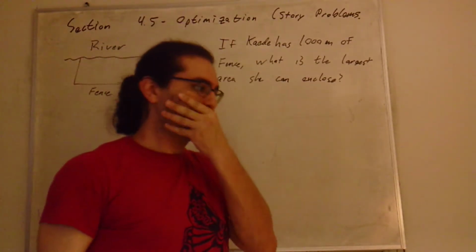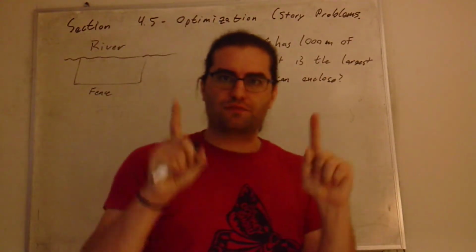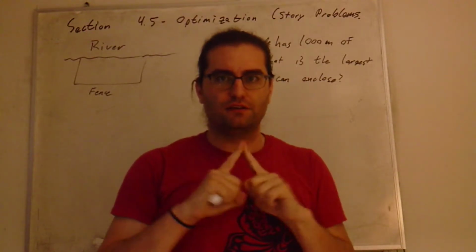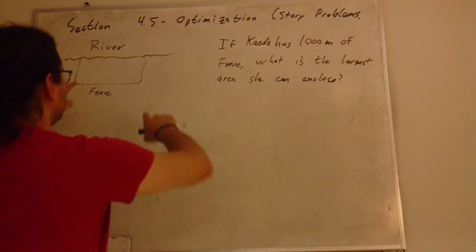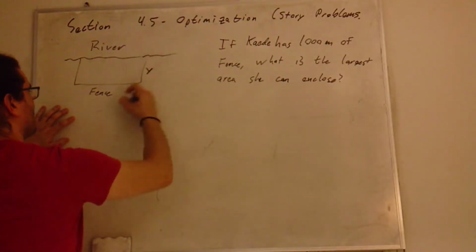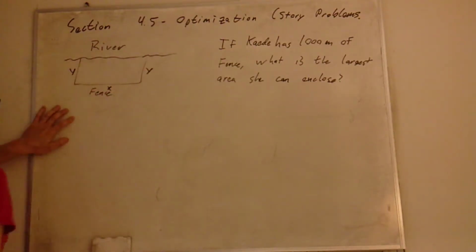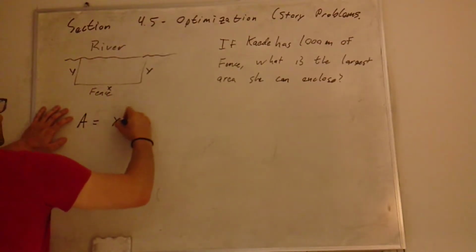So, here's where the two different relationships come into play that we're going to put together to create something that we can do calculus on. The thing we are trying to optimize is this area. We could say that this is a y value, this is an x value, that would be another y value. That gives us this relationship, area equals x times y.